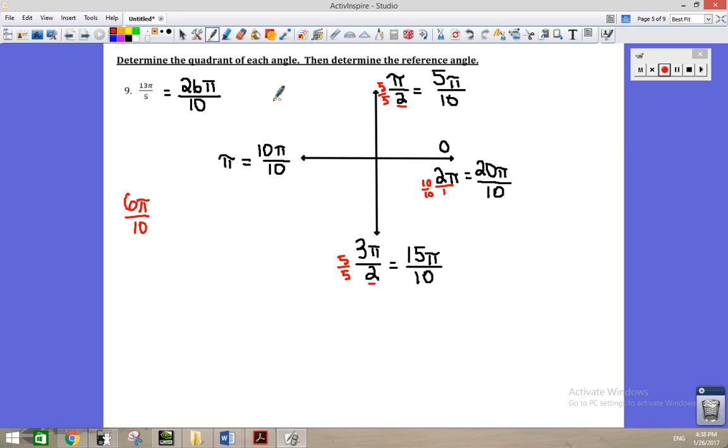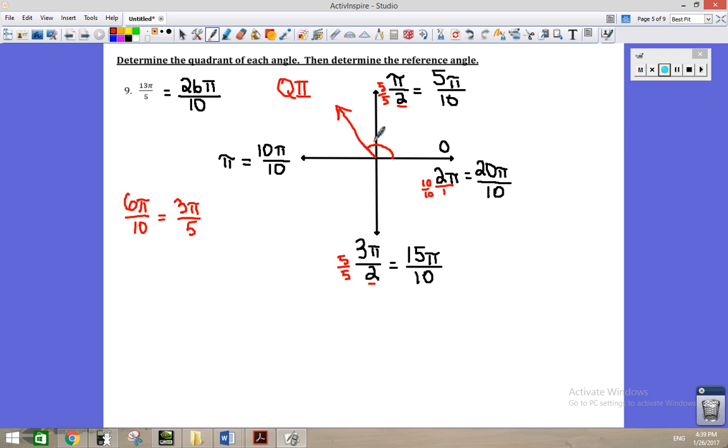So I know that the terminal side of this 13 pi over 5, even though it's going around more than once and coming up here, I can use this coterminal angle of 6 pi over 10. Now I would probably begin to reduce this and think of this in terms of 3 pi over 5, and I am in quadrant 2.